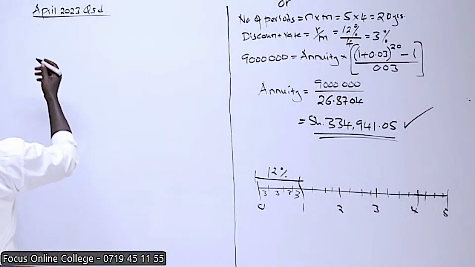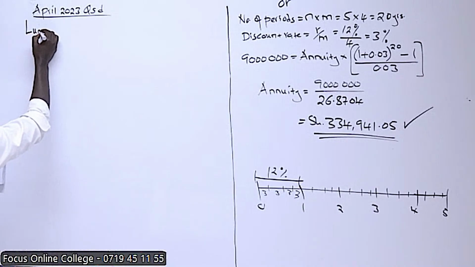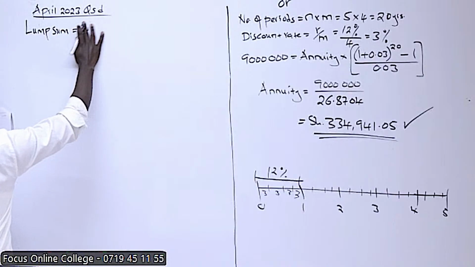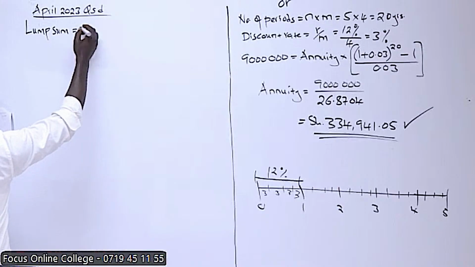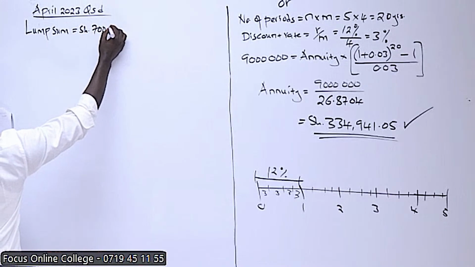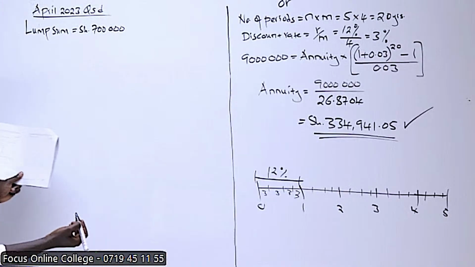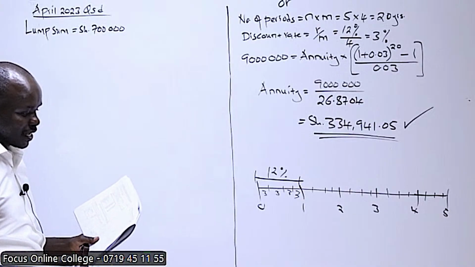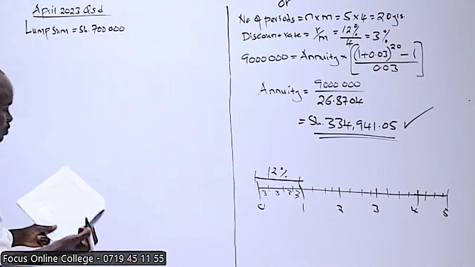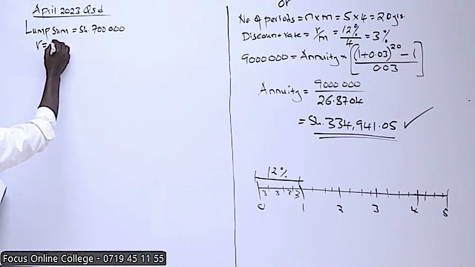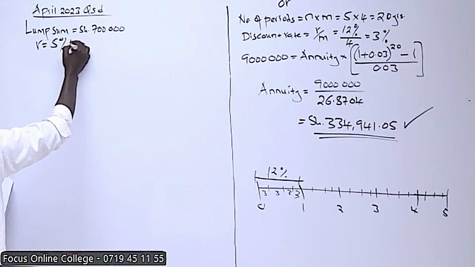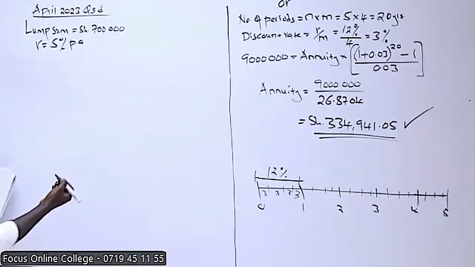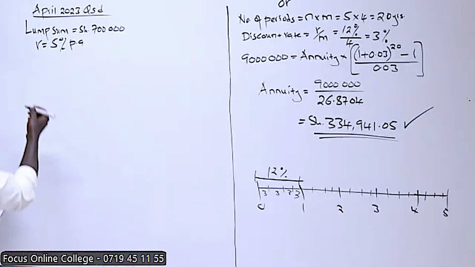So here we have a lump sum of shillings 700,000, sorry. Initially he deposits 700,000 shillings into a savings account at an interest rate of 5% per annum, but compounded monthly.